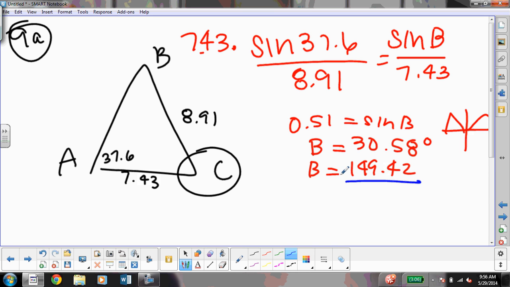Since the second option for B is 149.42, and we know A has to measure 37.6, this won't work because those two add up to be bigger than 180. So I only have one triangle here. Angle C is going to be the value of 180 minus 37.6 minus 30.58, which is 111.82 degrees.